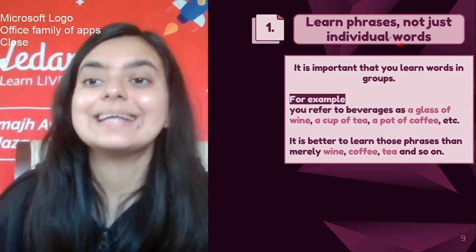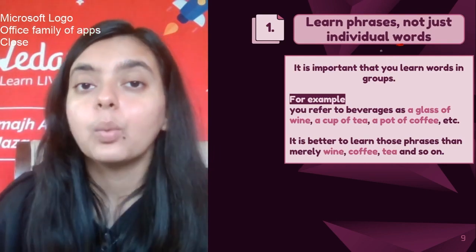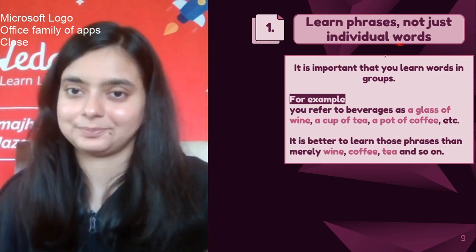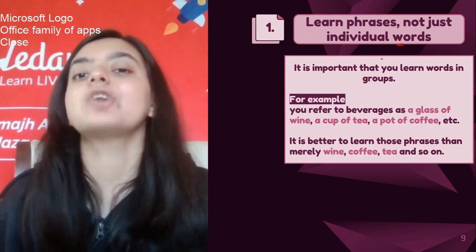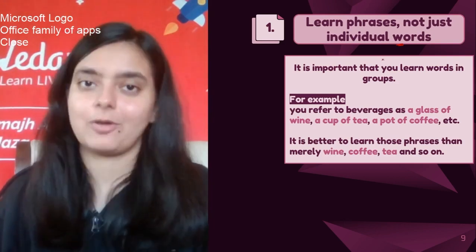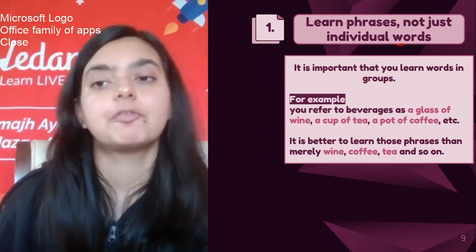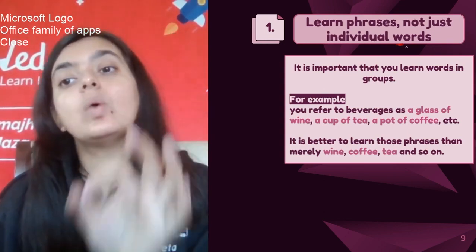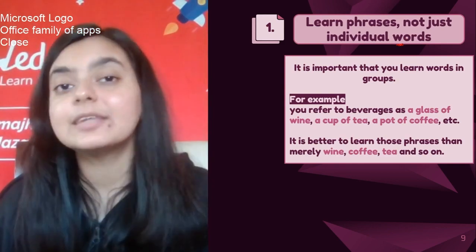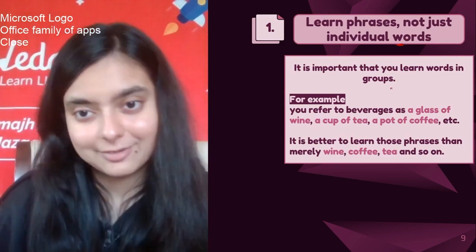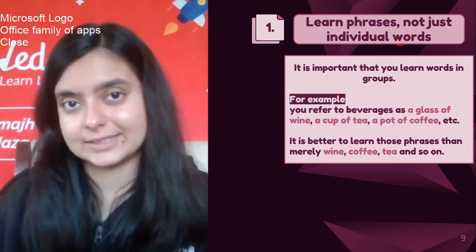So you learn phrases, you learn words in context, okay, and not in solitude. That is very important. So it is important that you learn words in groups. That comes for phrases. And also when you're collecting words, you collect them from something which you have read so that you know the context, you know the usage.